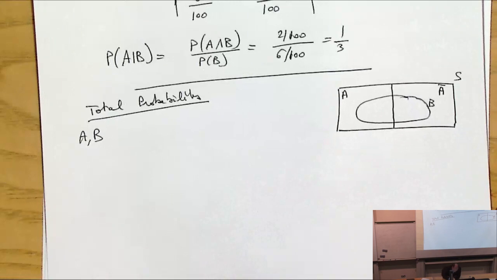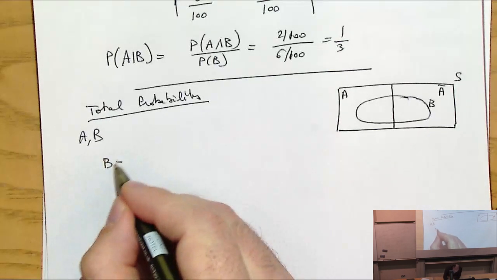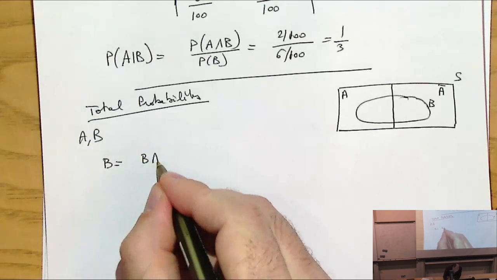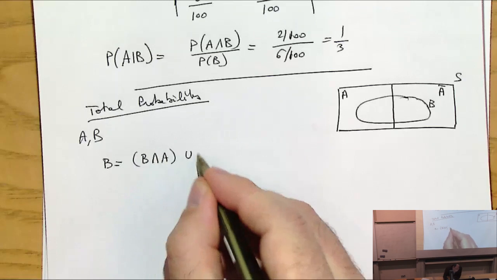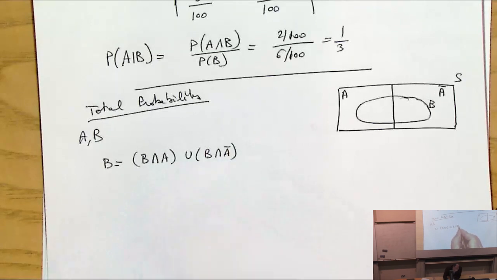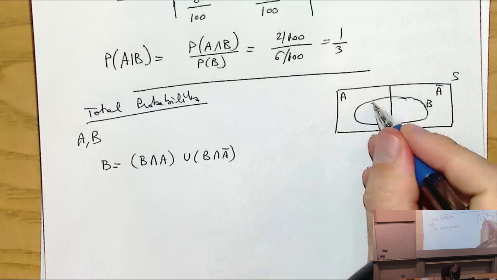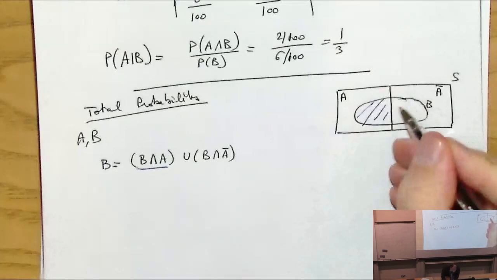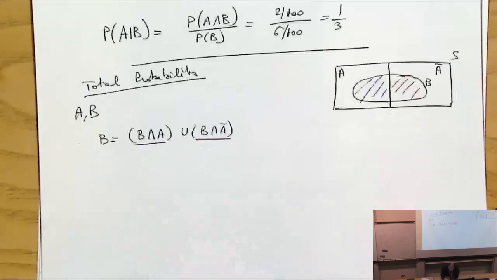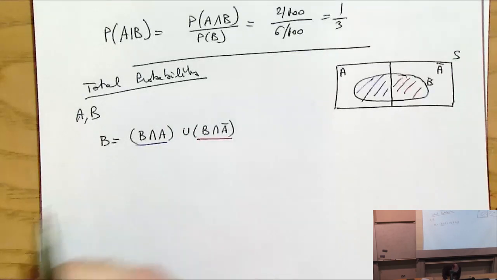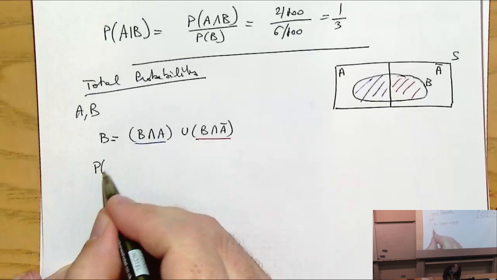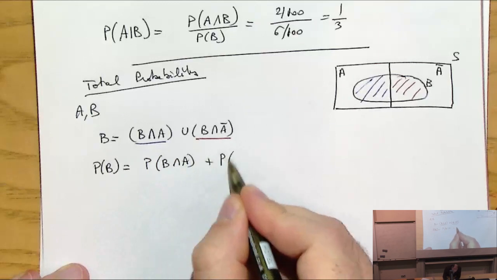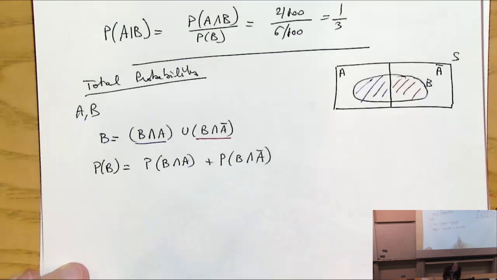And similar to what we have done before, I can write B as a disjoint union. So that is B intersection A union B intersection not A. Right? So this is B intersection A. This is B intersection not A. Right? So I can write P of B is probability of B intersection A plus probability of B intersection not A by axiom 3 of probability.